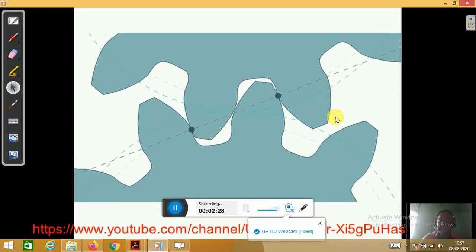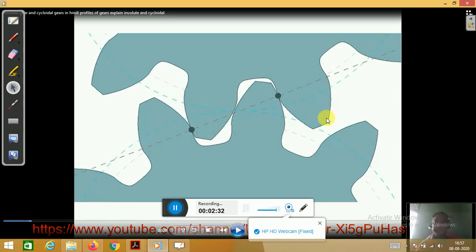At a certain point those pitch circles are going to contact. At this point you can observe that these two pitch circles are in contact with each other. That point is called the pitch point P, a very important point.